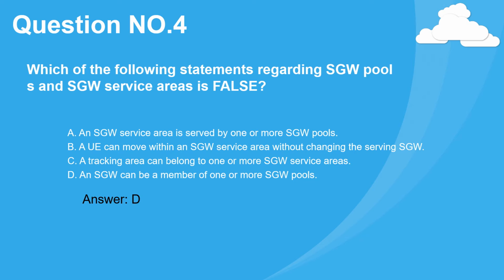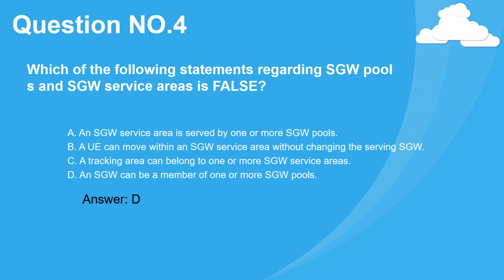Question number 4. Which of the following statements regarding SGW pools and SGW service areas is false? A. An SGW service area is served by one or more SGW pools.